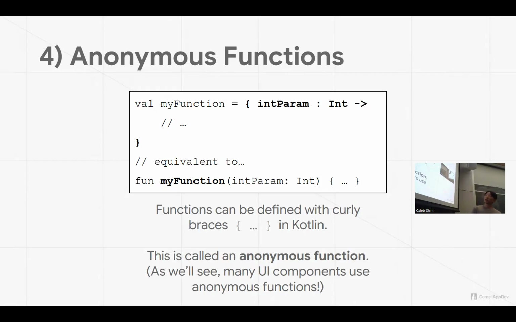So if you have this function, fun myFunction, which takes an int param, which is an Int, we can do the same thing, but make it into a variable. Now that variable is going to have the function type, which takes in an Int and then does something with it. These functions are defined with the curly braces, and this is called an anonymous function. I guess I can give an example.